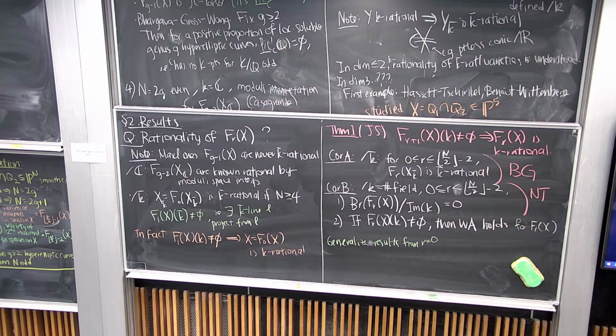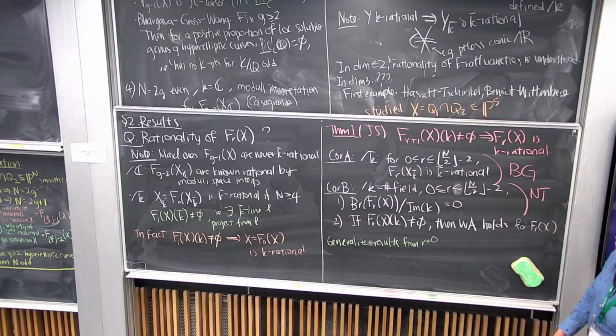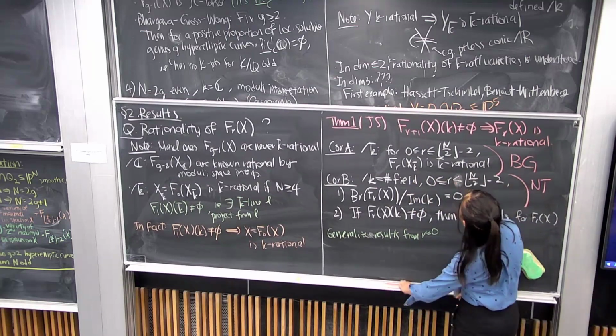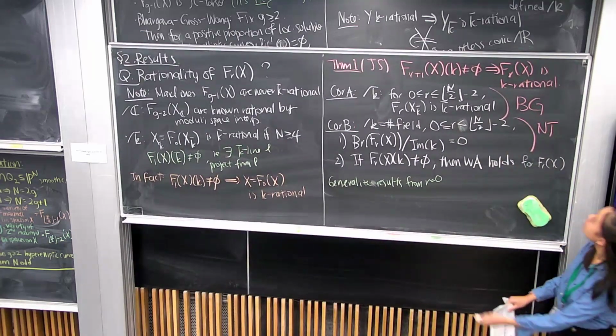Okay, great. In my remaining few minutes, I want to focus more on K-rationality results for these varieties F_R. One question one can ask is: in Theorem 1, we get one rationality construction for these varieties.